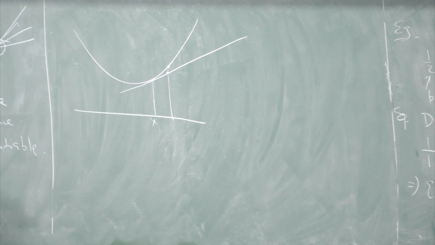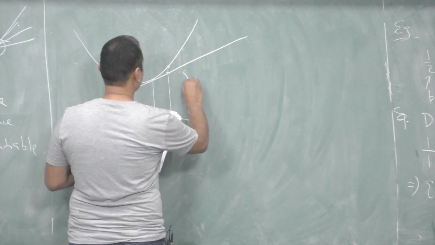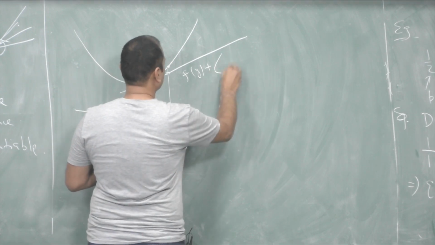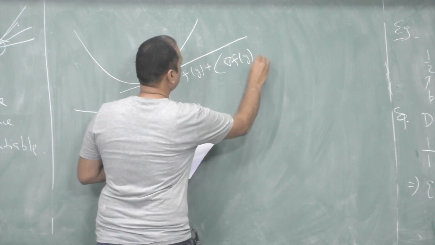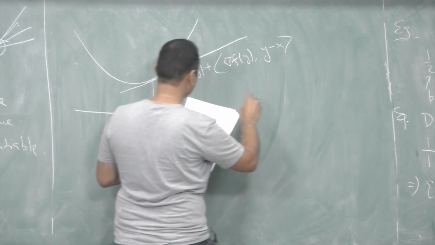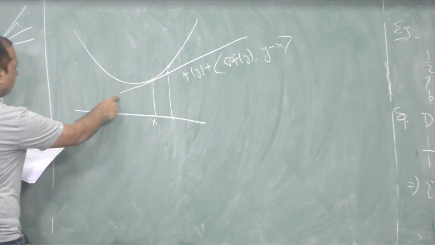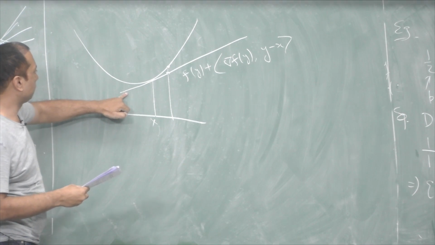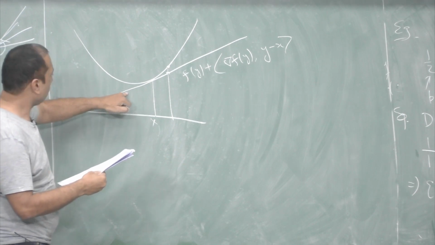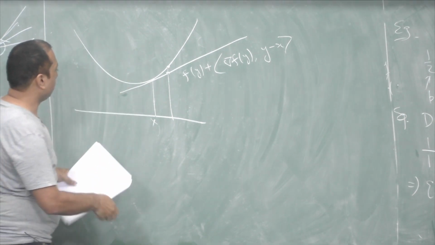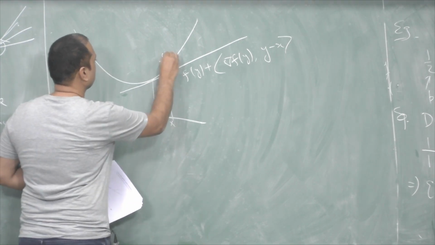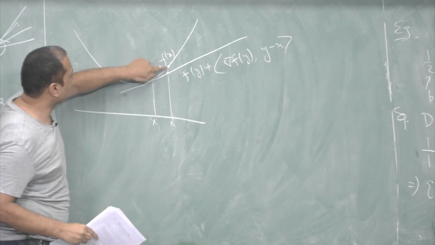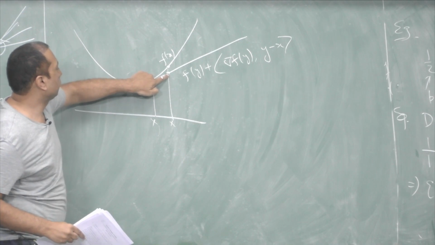Remember, this was our f(y) plus grad f(y) times (y minus x), the line equation of this tangent. What we say is that f(x) at any point is always greater than or equal to the point on the line.